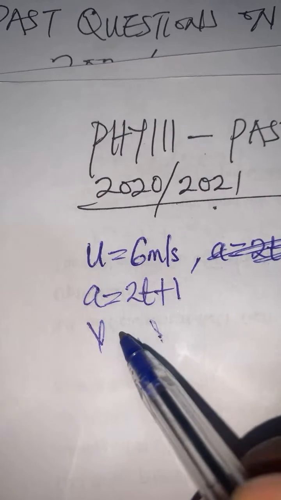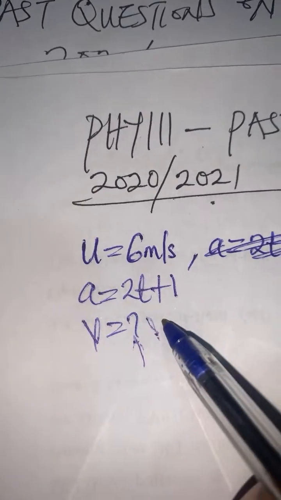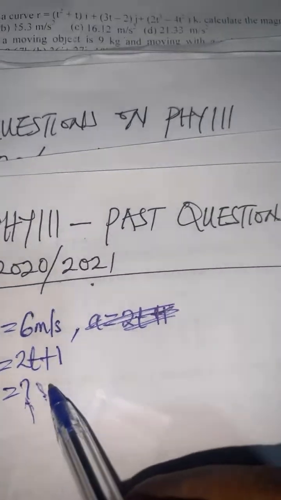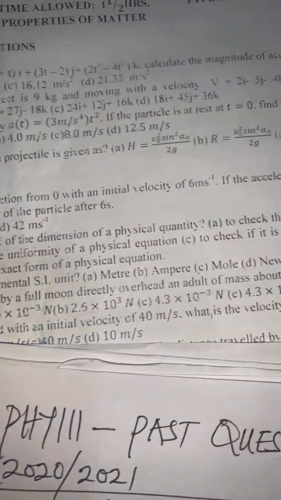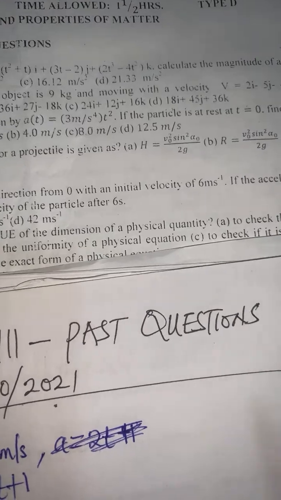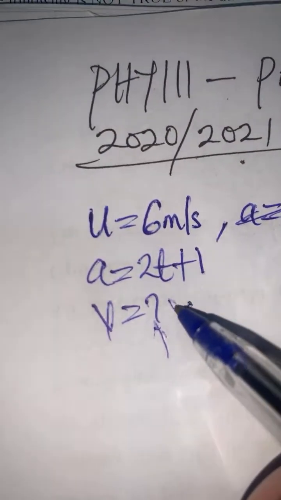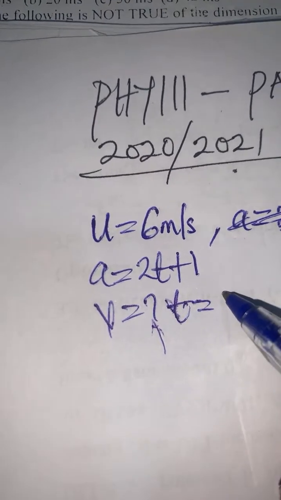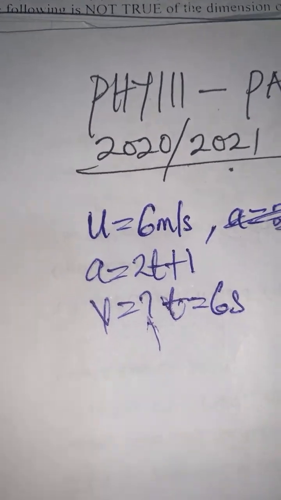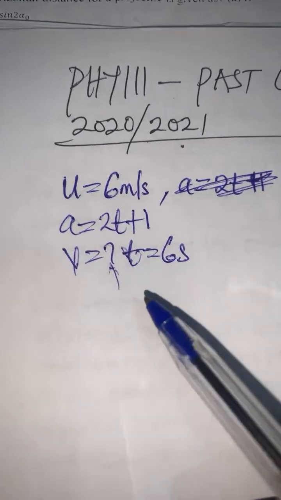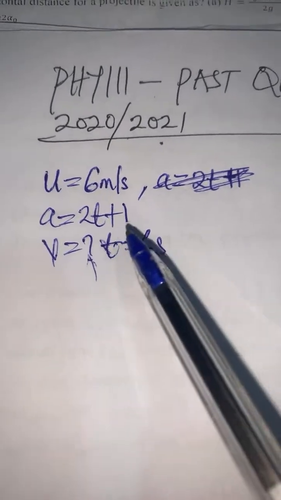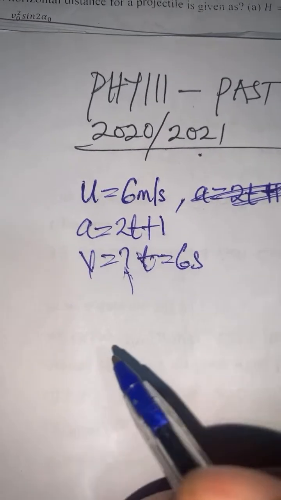You're asked to find the velocity after 6 seconds. We've done something related to this. Someone should be able to fix this for us, but let's do it together.